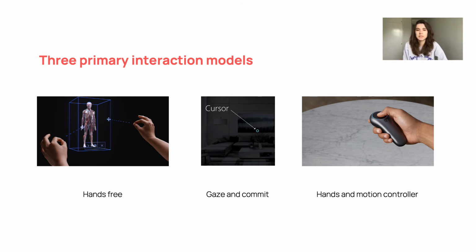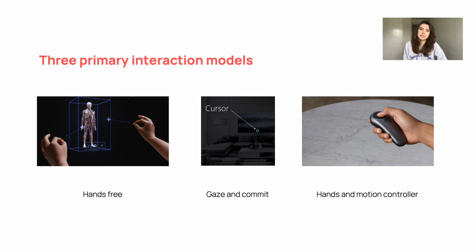It's used in 3D spatial experiences such as spatial layout and design, content manipulation or simulation, when you are interacting with digital content. The second model is gaze and commit. It's great for a contextual experience where users' hands are occupied, such as maintenance tasks or on-the-job learning or training, for example.